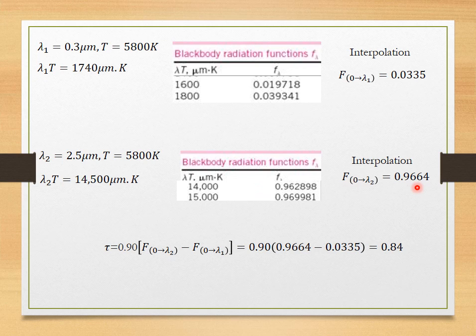Then we insert all this information: the transmissivity 0.9, the radiation function for lambda 2 which is 0.9664, and the function for lambda 1 which is 0.0335. So we get the final answer of 0.85.